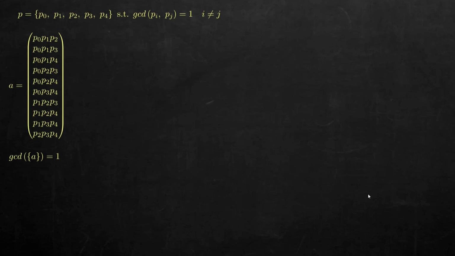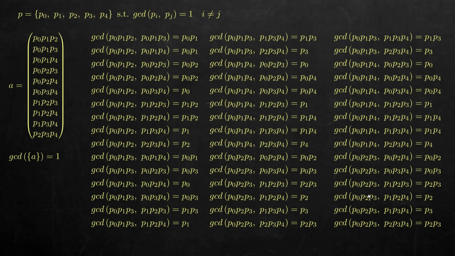This guarantees GCD of A to be 1, while maintaining pairwise GCD greater than 1. Now the goal is to find the unimodular matrix mapping the vector of 1s to the vector A. And we know that the GCD of A1 and A2 is greater than 1.